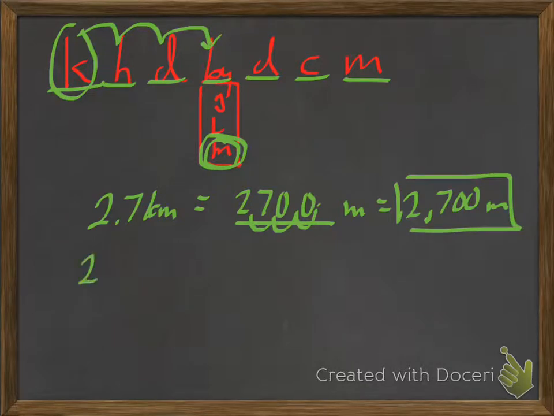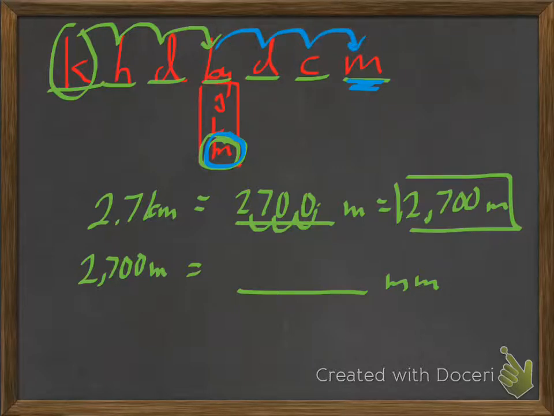Now, if I start with 2,700 meters, and I want to change that all the way into millimeters, let's do that one in blue. So I'm going to start here with meters, and I'm going to move to millimeter. So that's 1, 2, 3 more places to the right. And so now I'm going to take the number 2700.